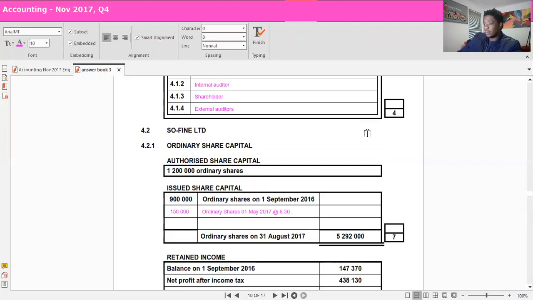So that would be 150,000 multiplied by R6.30, which gives a total of 945,000. So the company on the 1st of May raised 945,000 by issuing 150,000 shares.